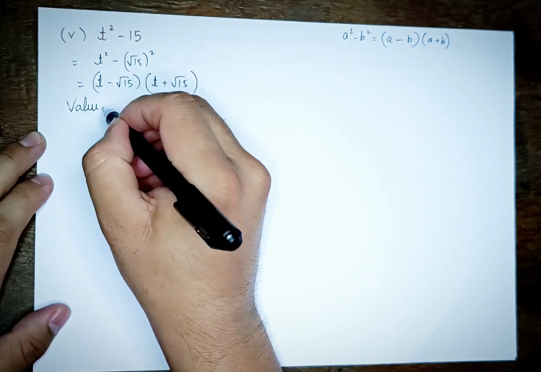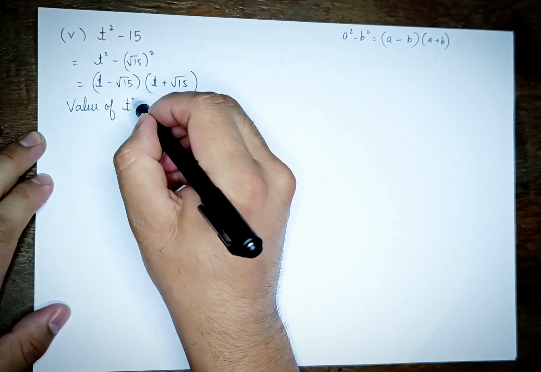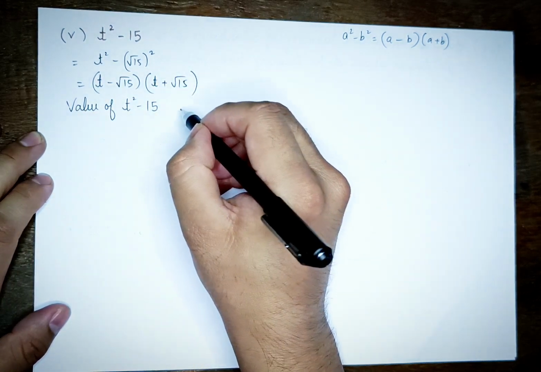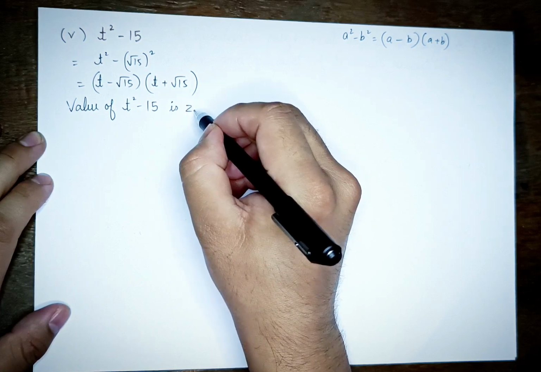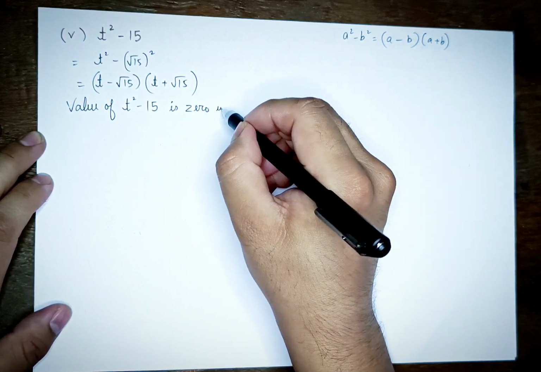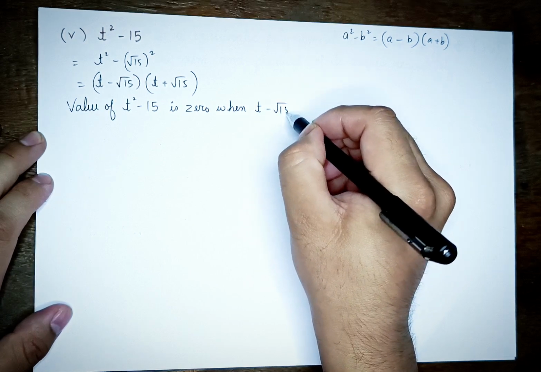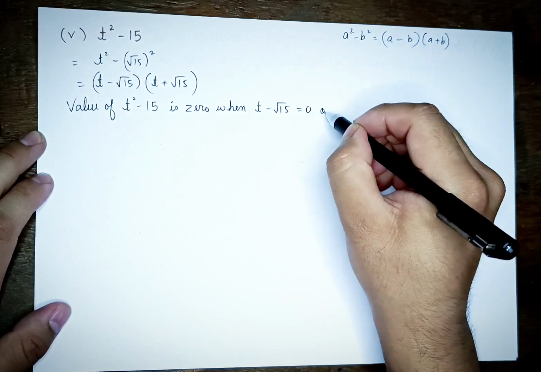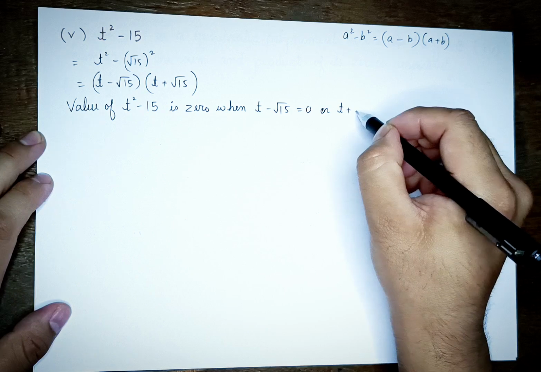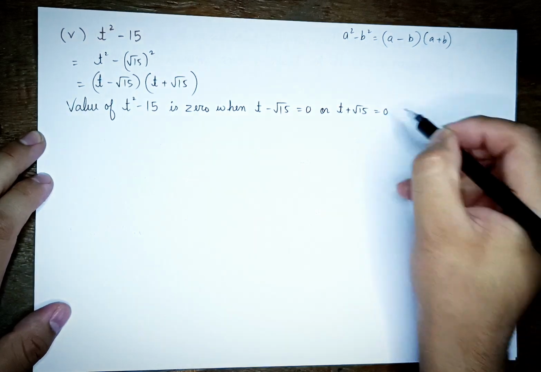So the value of t square minus 15 is 0 when t minus root over 15 is equal to 0 or t plus root over 15 is equal to 0.